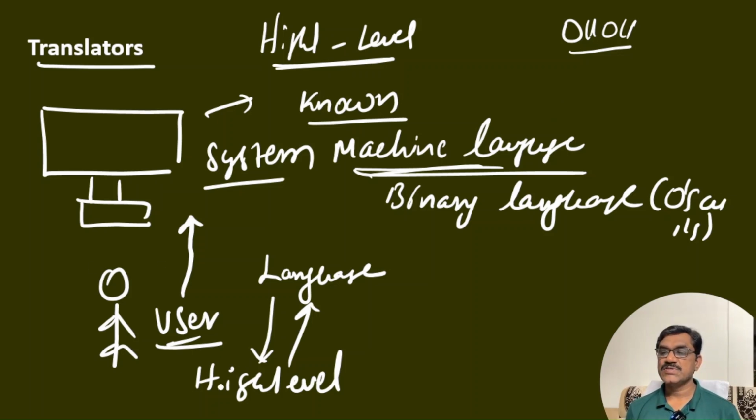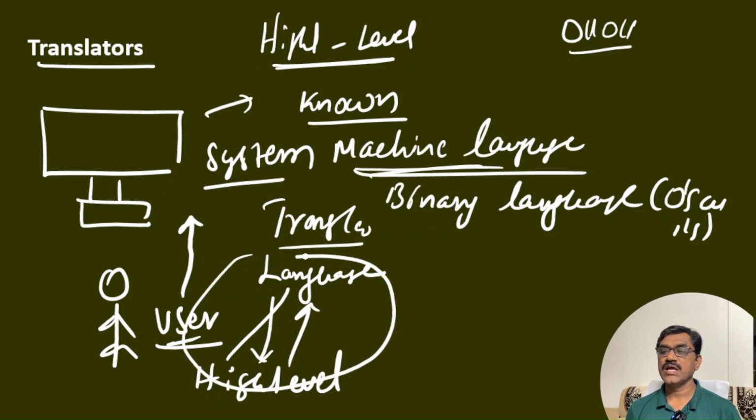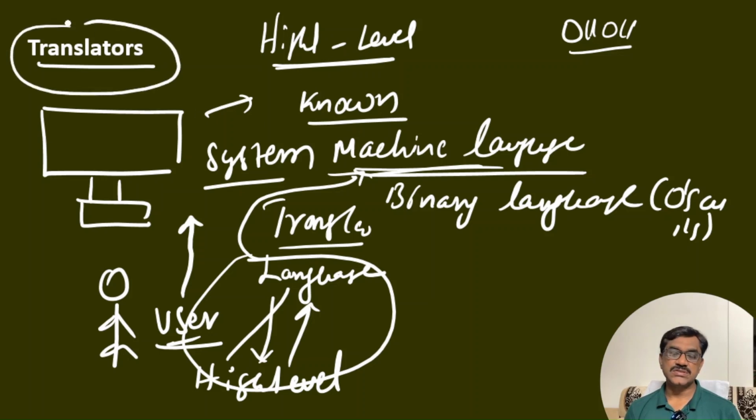That easiest language is called high-level language. After writing the instructions in the high-level language, the translators come into the picture, and these translators are going to convert the high-level language program into machine language. That is the main objective of the translators.